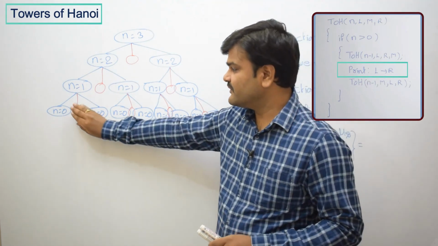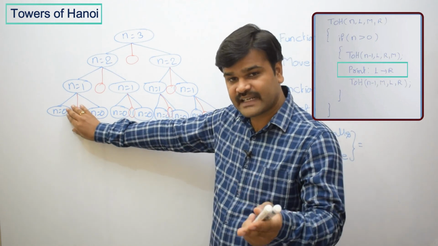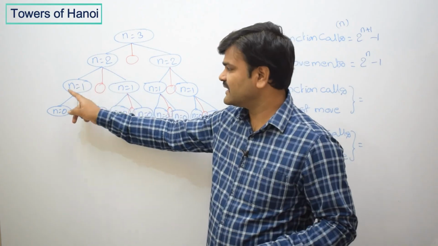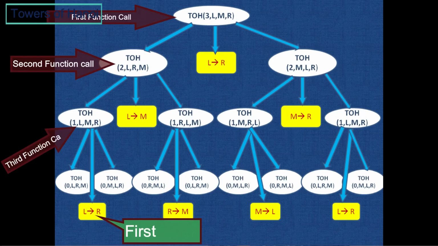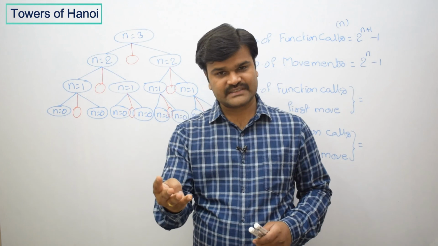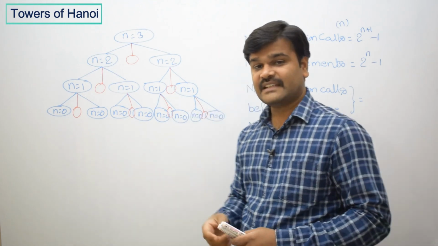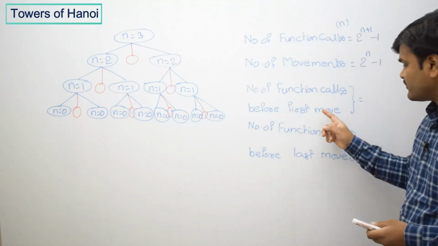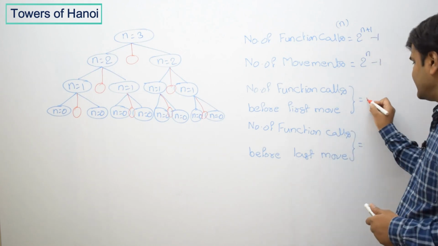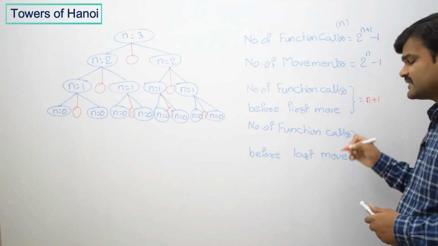So before this, how many function calls have happened till now? This is 1, this is 1, this is 1, this one. So a total of 4 function calls are there when n is 3 initially. In terms of n, before the first movement how many function calls happen? n plus 1 function calls are going to happen.